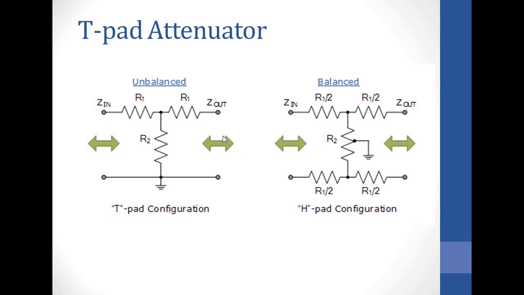And you can match between the two devices. In order for you to balance, you have to share the resistance R1 on both arms. So you have R1 over 2, R1 over 2, R1 over 2, R1 over 2, whereby this arm will have the same resistance as the other arm.